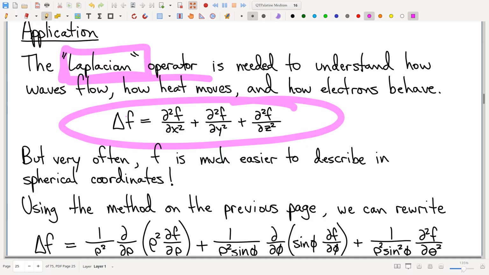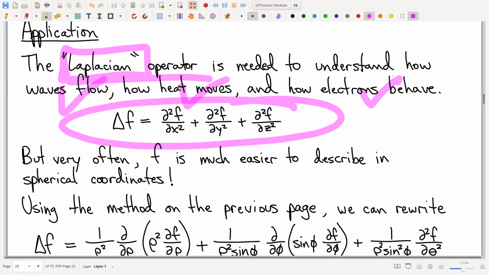Why do we care about the Laplacian? That's kind of a job for your physics and engineering professors, and that's what their classes are about. That's not really what this class is about. But I will say it's a big deal, and just a real quick, easy persuasion. If you want to understand how waves move or how heat flows or how electrons behave, ultimately you can't do it without understanding the Laplacian operator.